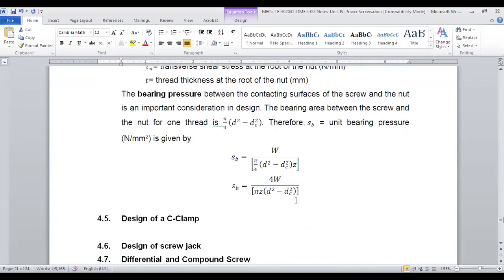This is for one thread, the area which is taking load W, and multiplied by z, the number of threads, you will get the total. So bearing pressure on a thread will be load upon pi by 4 d square minus dc square into z. Okay. So this will basically come to 4W upon pi z d square minus dc square.